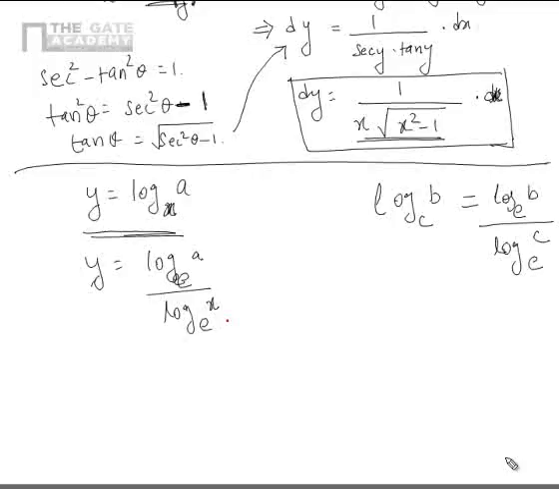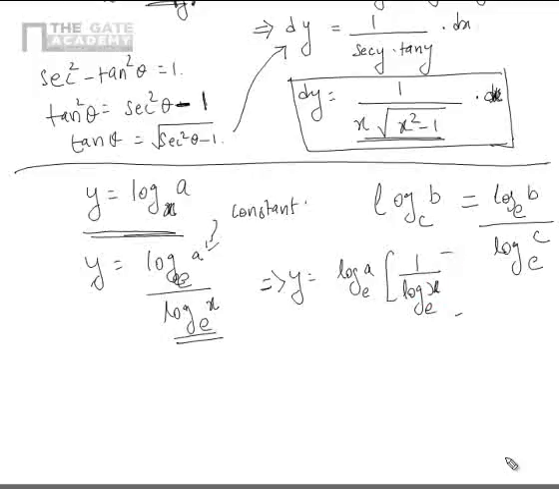Now log a is a constant. This is the variable term. Correct? So this is nothing but y is some log a base e into 1 by log x to the base e.